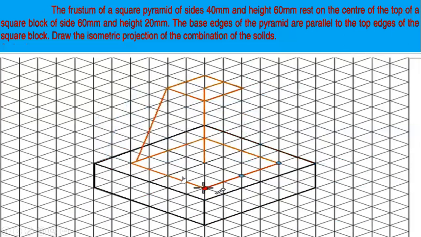Now join the corners. The bottom square has to be joined to the respective top square. The same corner has to be joined. All these have to be in visible line thickness.